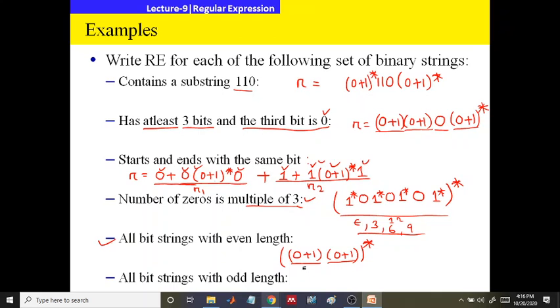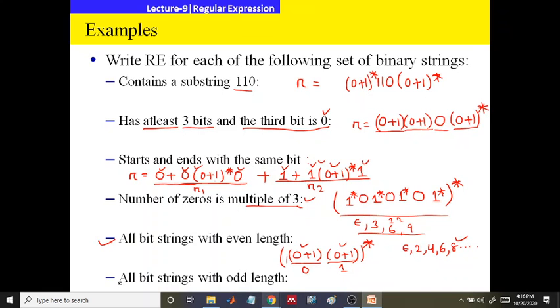So from here either 0 or 1, from here either 0 or 1, then star. It should be either epsilon, or 2 zeros or ones, or 4, or 6, or 8 zeros or ones. So it represents even length.